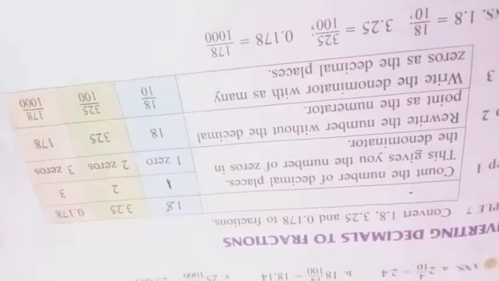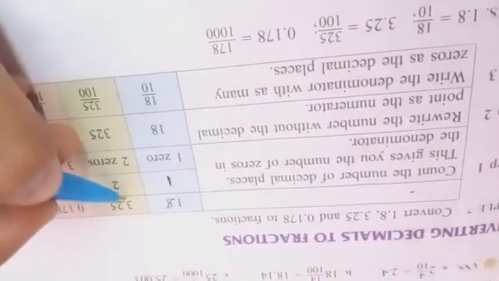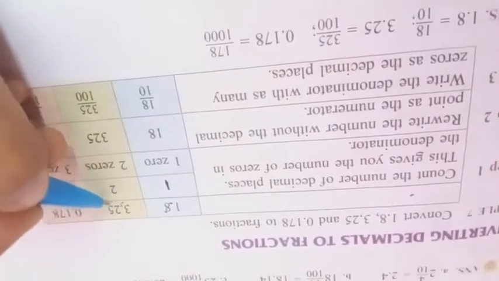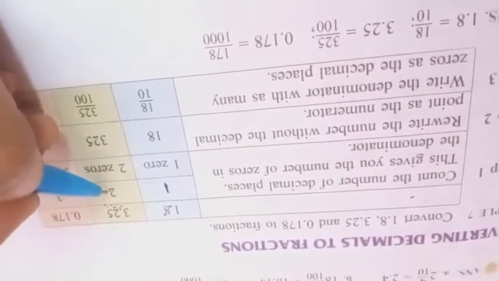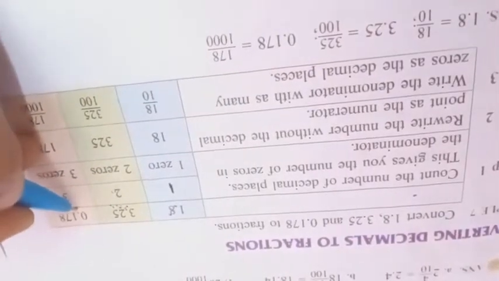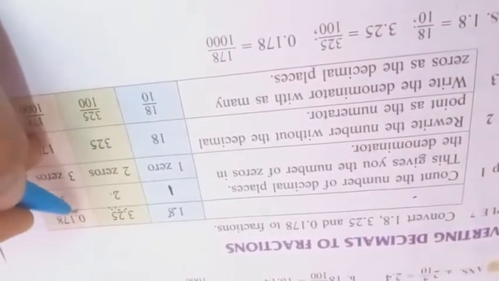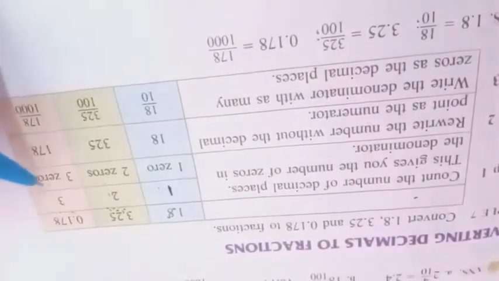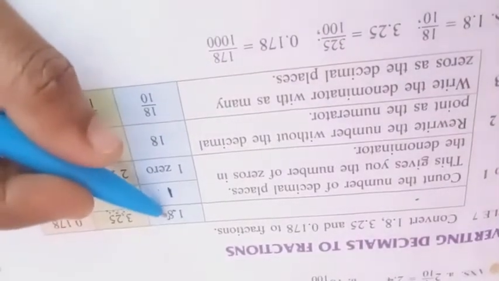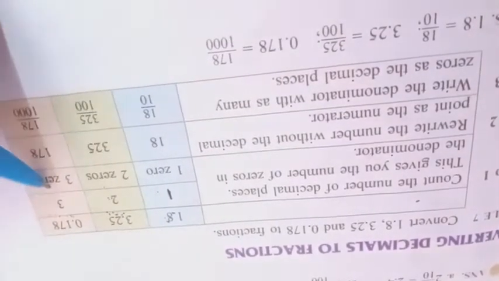For 1.8, write 1. For example 3.25, after the point we have 2 and 5, so 1, 2, 2 numbers. So write here 2. Here 0.178, after the point we have 1, 2, 3 numbers. So write 3. Why did we write here 1, 2, 3? You remember now, after the point, however many numbers there are, that many you write.